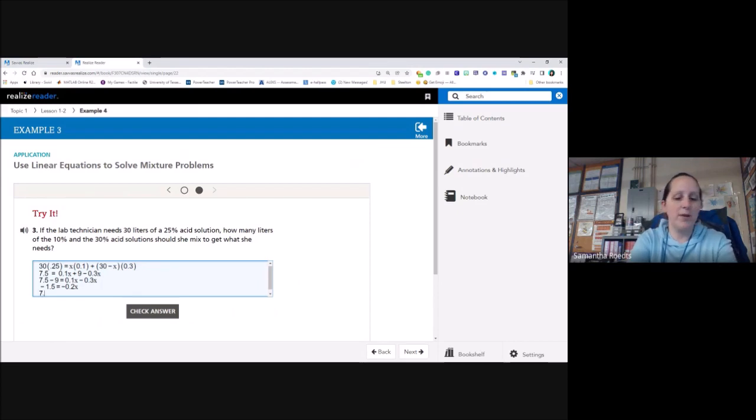That gives me 7.5 equals x. So I need 7.5 liters of the 10% solution and 30 minus 7.5, 22.5 liters of the 30% solution.